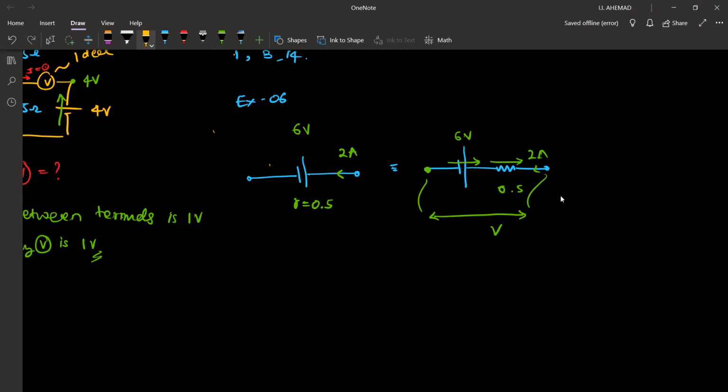V equals IR. So this is 1 volt. Let's start from this side. I'll consider this one as 0 volts. Then 6 volt increase, 1 volt increase. Therefore here it's 7. So V is equal to 7. Is it clear how I got this?